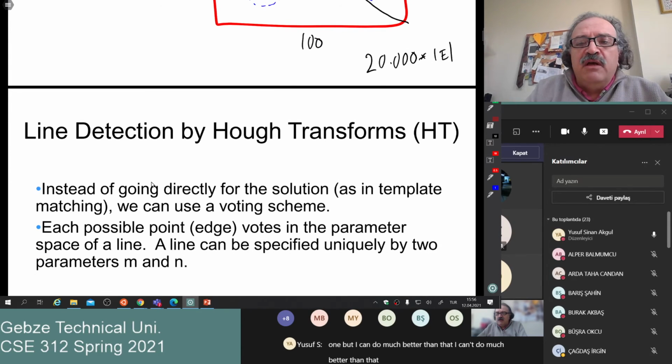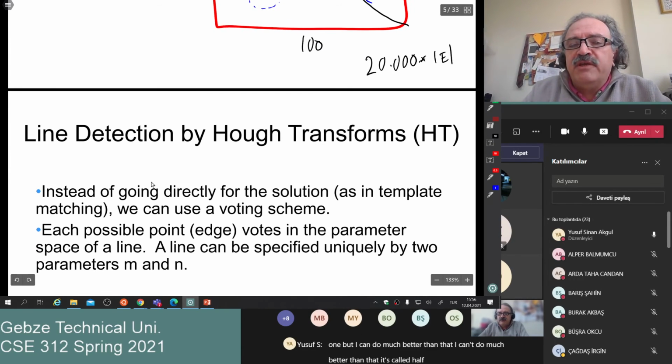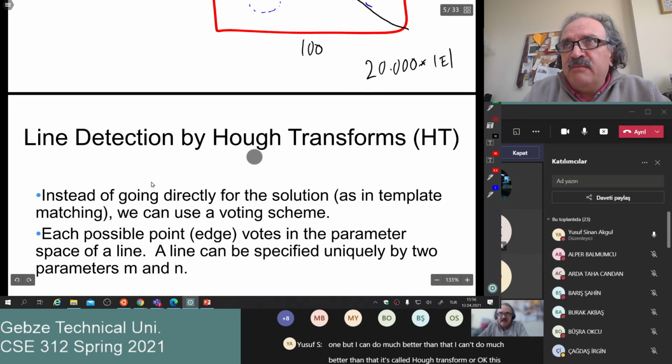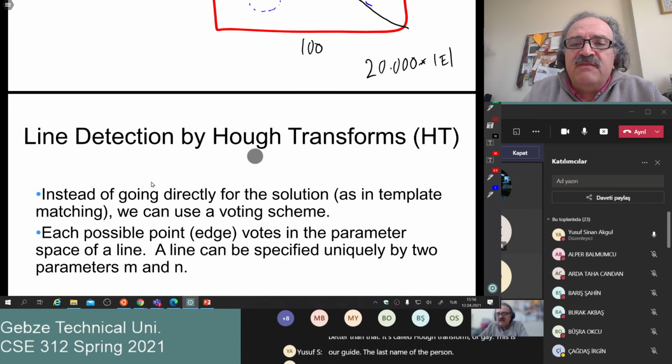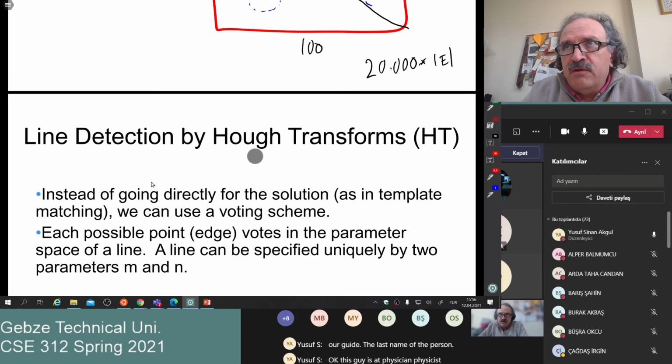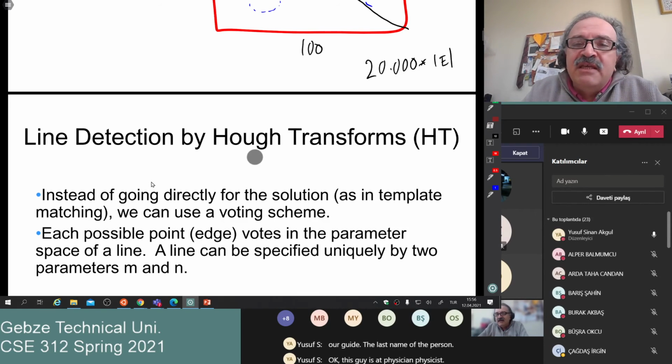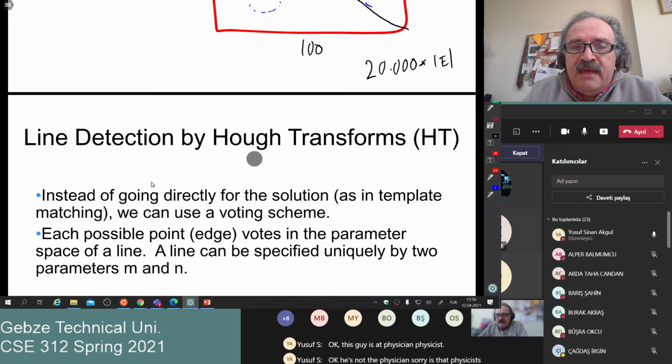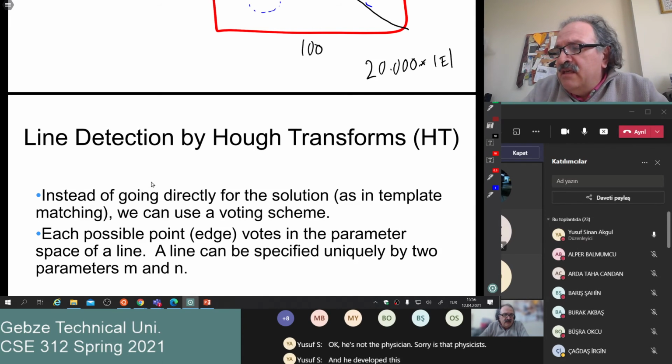It's called the Hough transform. This is the last name of the person. This guy is a physicist, not a physician, sorry. He developed this technique for tracing atomic particles, I guess.